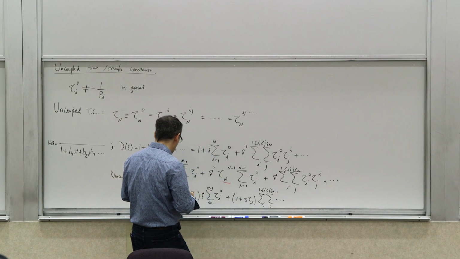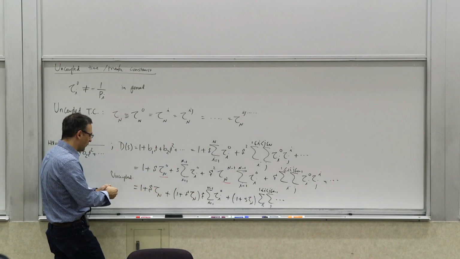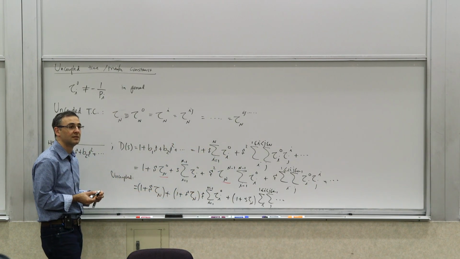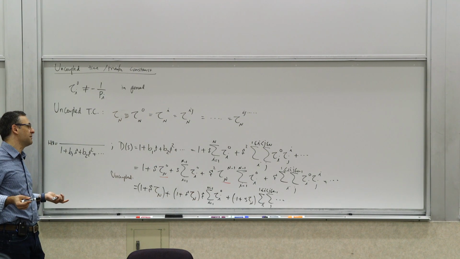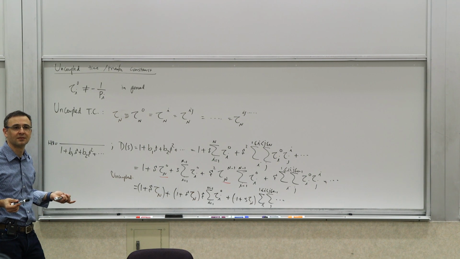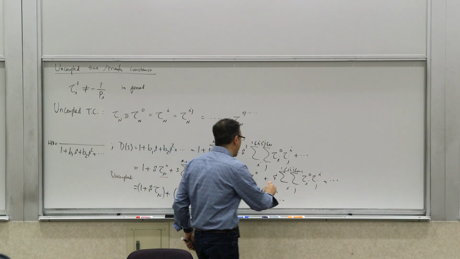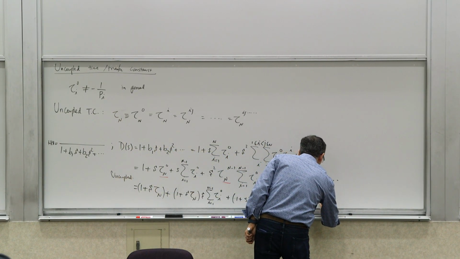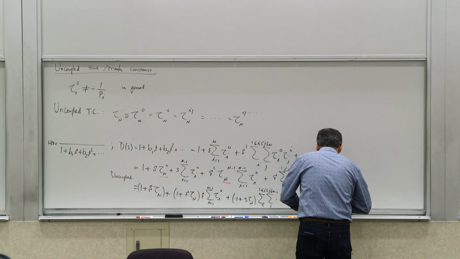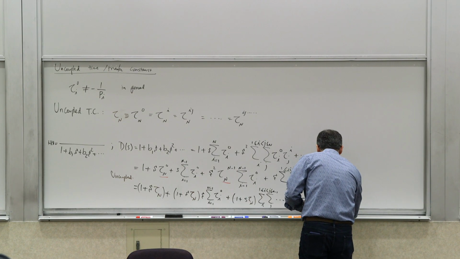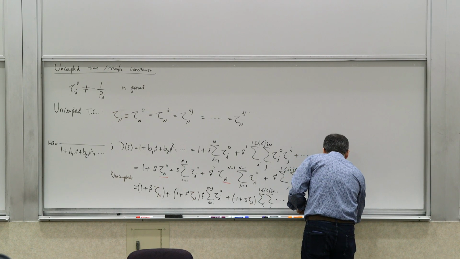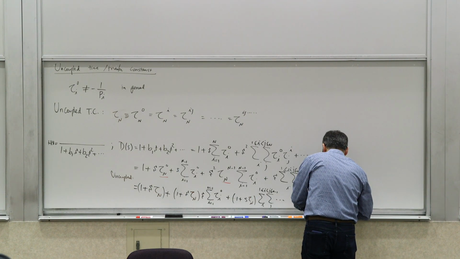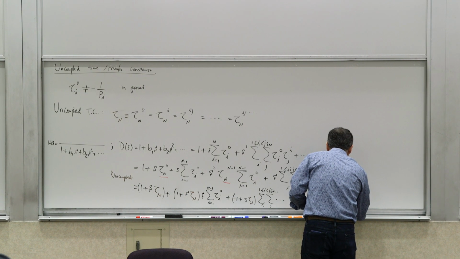And so on and so forth. So you can see every single one of them has this term, which basically means that you can factor this term. And if you factor this term, you will have 1 plus s tau n times what?